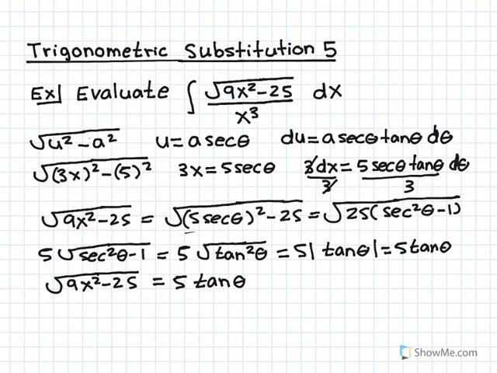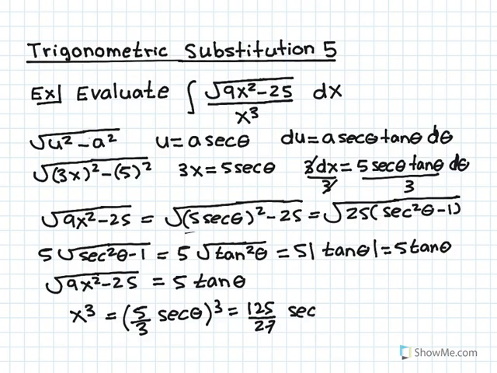The denominator of the integrand, x cubed, is equal to 5 over 3 secant theta, all cubed. That gives us 125, because 5 cubed is 125, divided by 3 cubed, which is 27, times secant cubed theta.